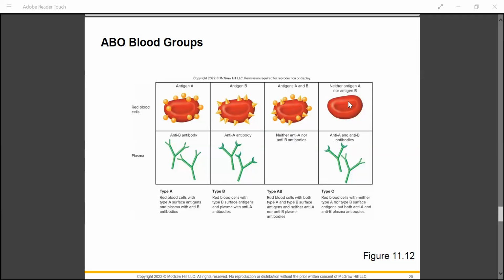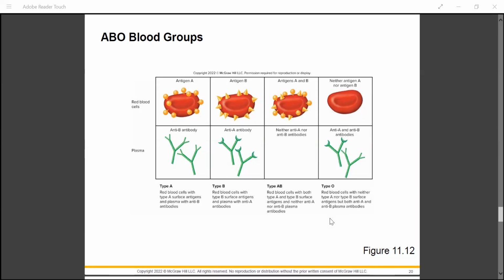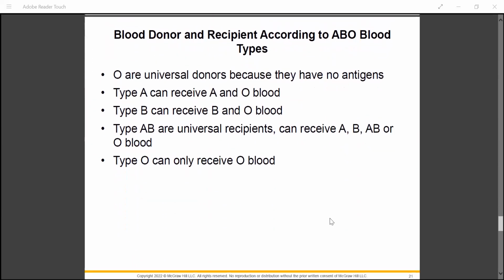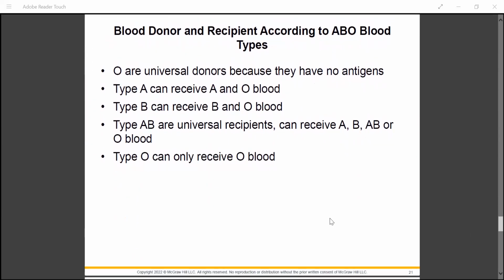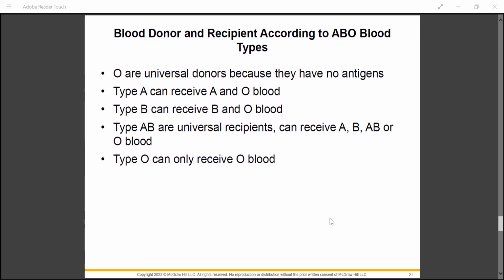And then we have type O. You see we have no antigens here, but we have both anti-A and anti-B antibodies. So type O are universal donors because they have no antigens.